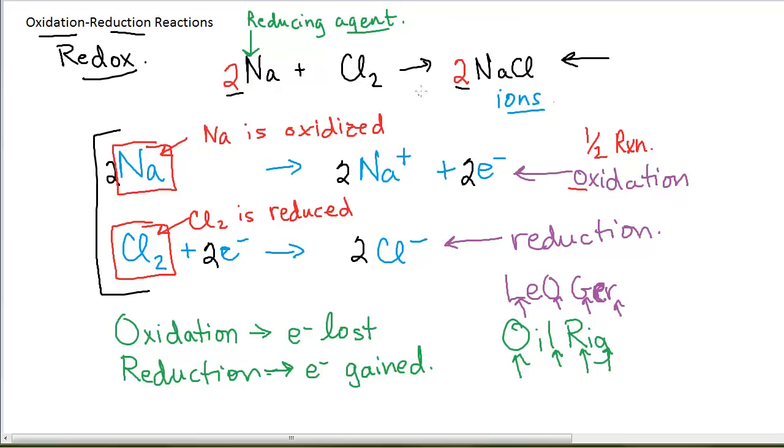I also can label chlorine as the oxidizing agent because it causes the sodium to be oxidized. So that's the vocabulary associated with a redox reaction. If you can follow the path of the electrons and decide who's gained the electrons and who's lost the electrons, you can label who's been oxidized and reduced, who's the reducing agent and the oxidizing agent.